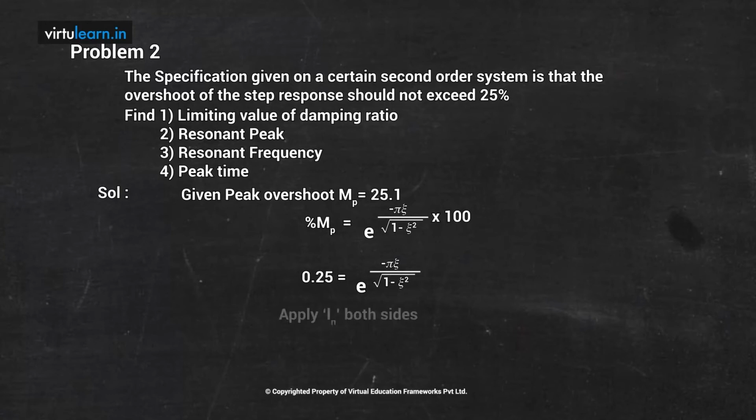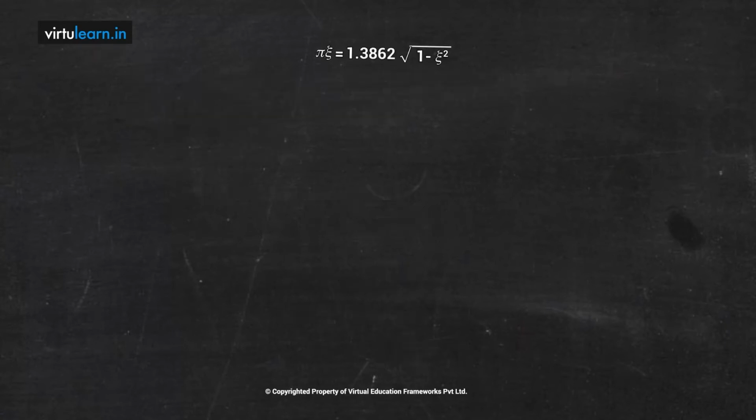Then apply natural logarithm, because we have an exponential term and want to get rid of it. The natural logarithm of 0.25 gives minus 1.3862, which is equal to minus pi zeta by square root of 1 minus zeta square. Then if you rearrange terms, pi zeta is equal to 1.3862 into square root of 1 minus zeta square. Then we can square both sides and simplify, and you can find out the zeta value.